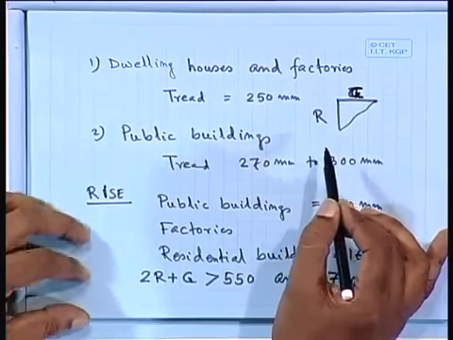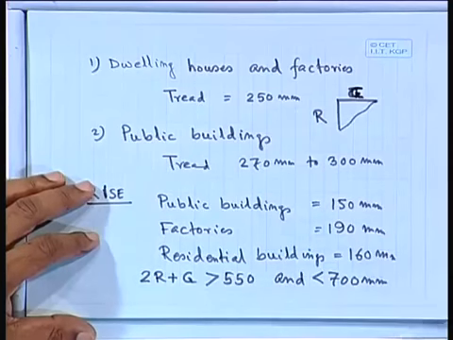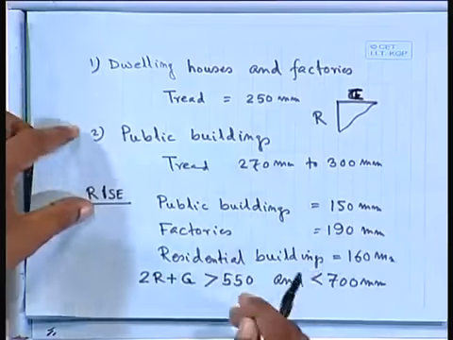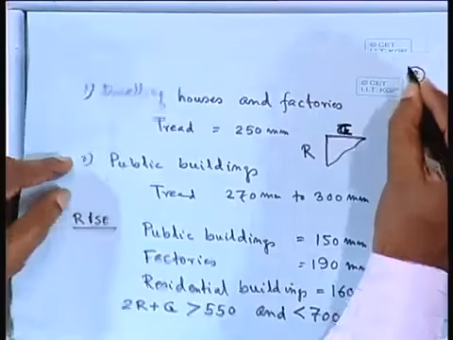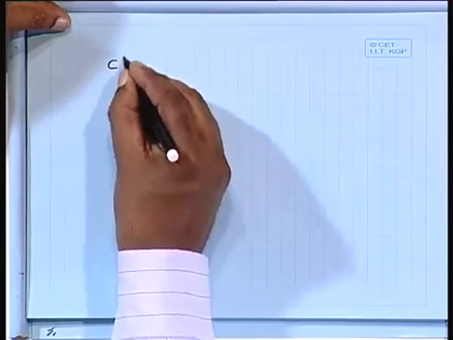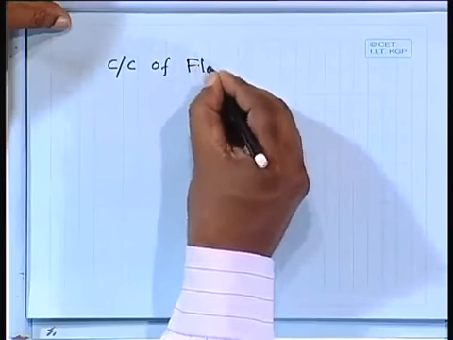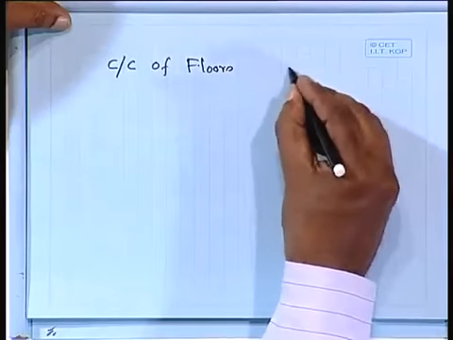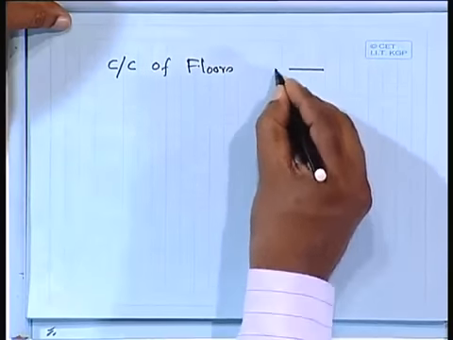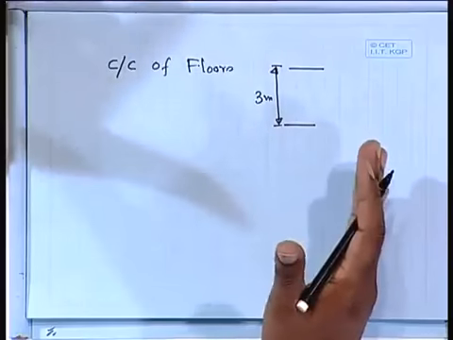That generally you can consider. But it is not necessarily dependent on this formula. It is dependent on the center to center of the floors. That means if this is one floor and we have to go from this floor, the distance, this height, is very, very important. If it is 3 meter, accordingly we shall distribute.